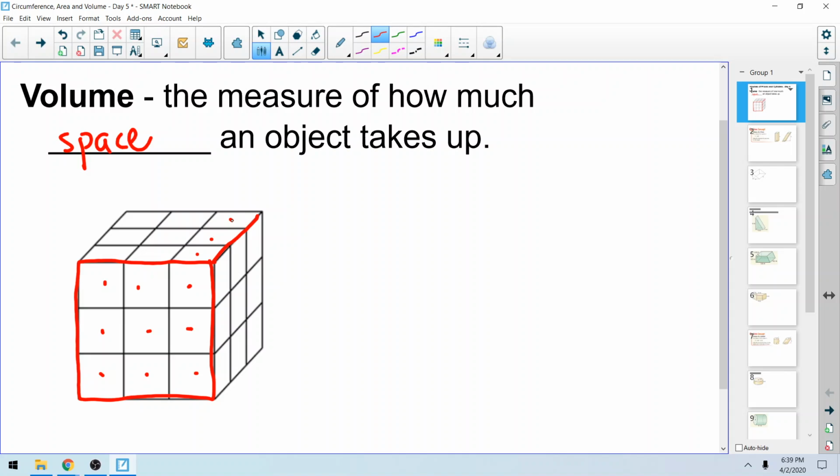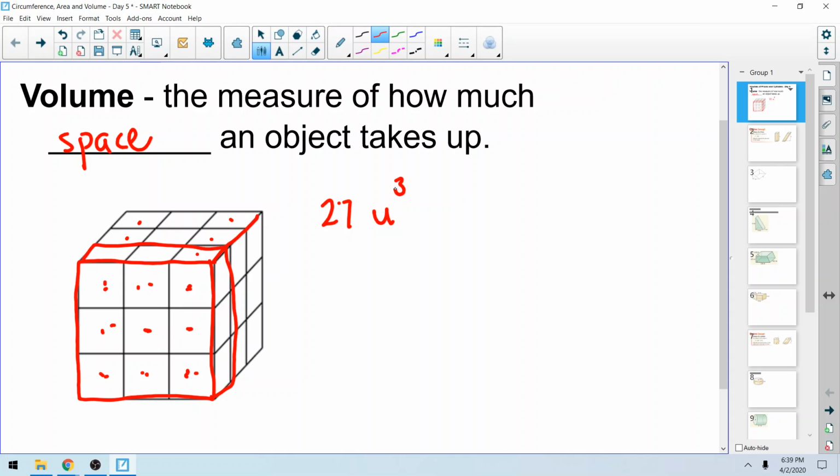So in the first row, if you're just looking right here and down, we said that we have 9 blocks. But if you go back another row, you're going to have another 9. And if you go back another row, you're going to have another 9. So really here, you're going to have 27 units cubed, because now we're working in 3 dimensions.